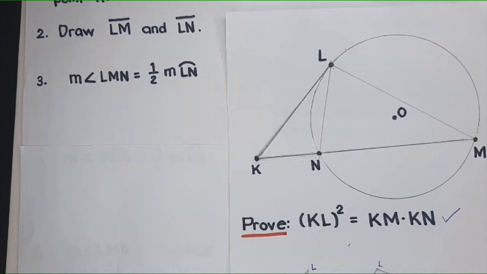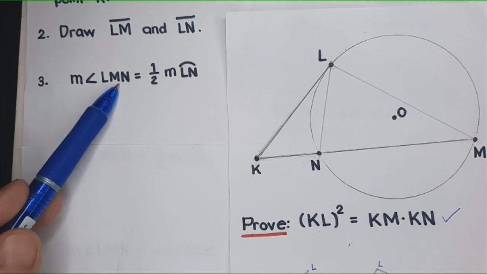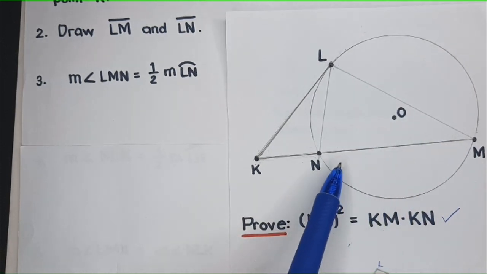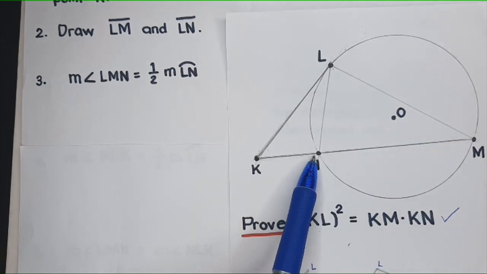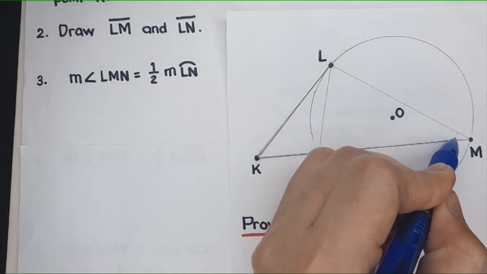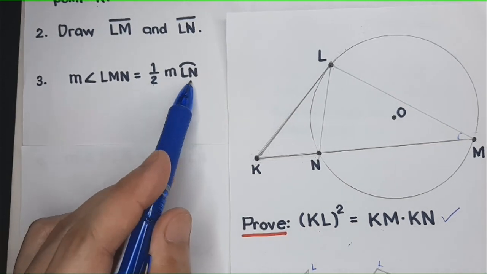Alright? So, our third statement is this one. The measure of angle LMN, where is that? LMN, okay? So, this angle. Okay? It is equal to 1/2 the measure of arc LN.